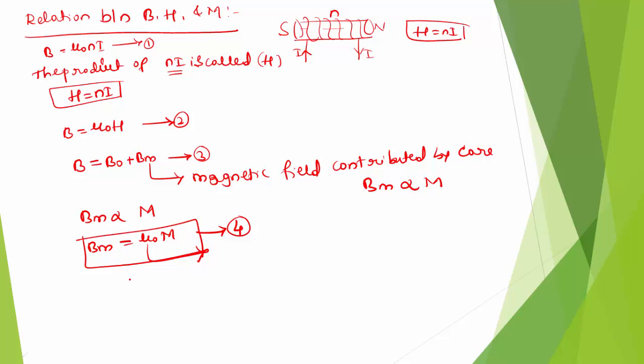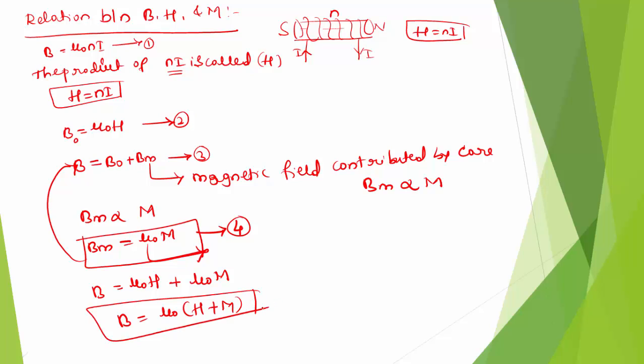Substitute equation 4 in 3, we get B is equal to mu naught into H, which is also taken as B naught, plus mu naught into M. Take the common value, the permeability of free space, outside: B is equal to mu naught into H plus M. This is equation number 5.